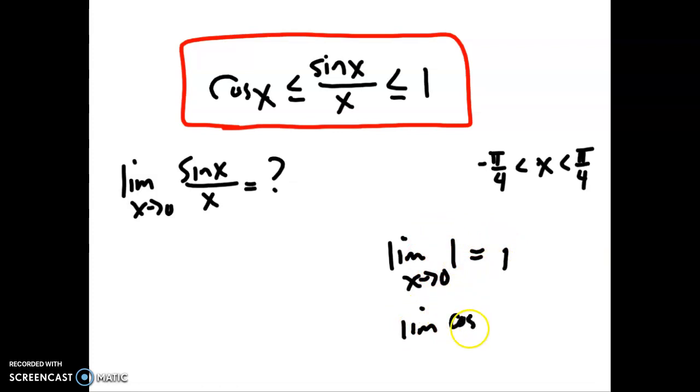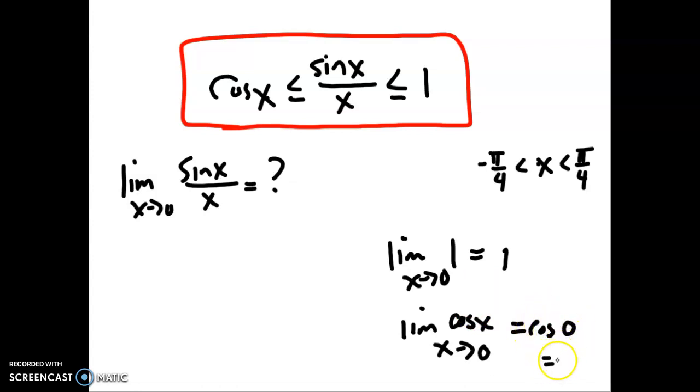And the limit of the cosine function as x goes to 0 is equal to what? Well, we have 3 ways to do this now. We can do the numerical approach, get really close to 0, see where cosine's going. Graphical approach, look at the graph. Or now we can do direct substitution. Remember, if the cosine is a nice function at x equals 0, I can just plug in 0.